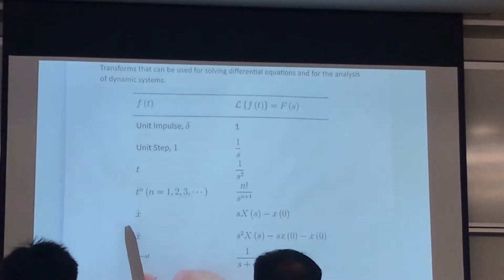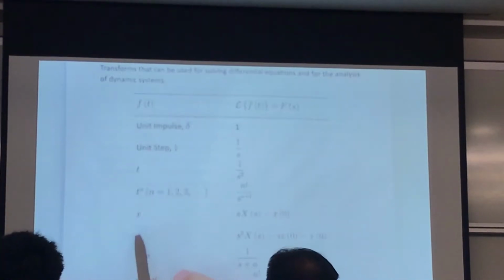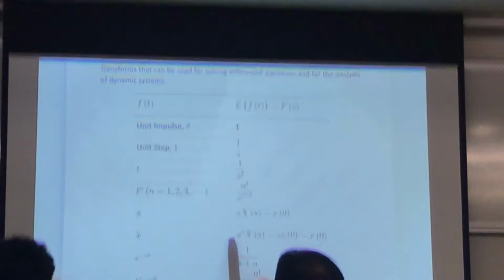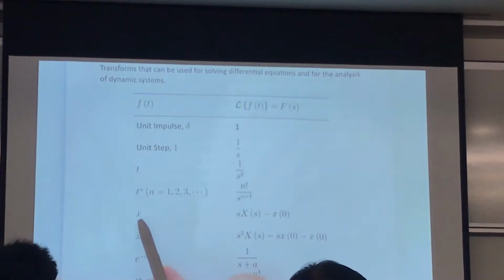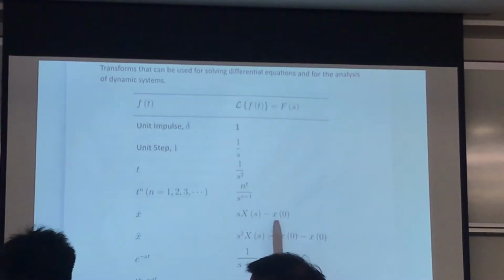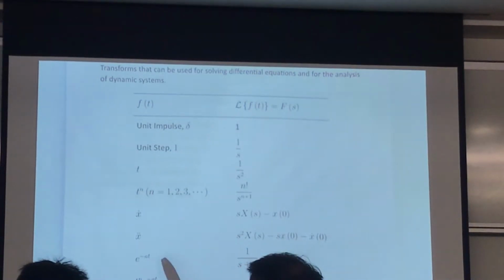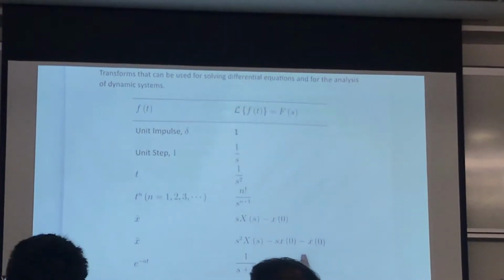The ones I'm going to use are x dot and x dot dot. So what I'm going to do is copy down. If I take the Laplace transform of x dot, this is what I get. If I take the Laplace transform of x dot dot, this is what I get.